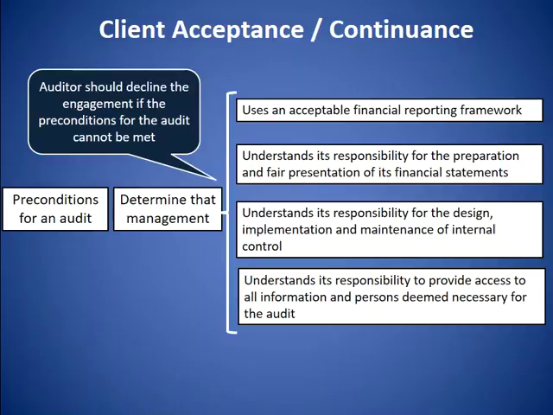Management needs to understand that it is responsible for recognizing its own business risks and for developing the proper control environment to help mitigate those business risks. Also, management has to understand its responsibility to provide access to all information and persons deemed necessary for the audit. Now, if these preconditions cannot be met, the auditor should decline the engagement.